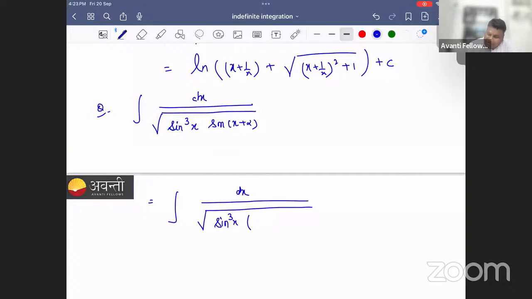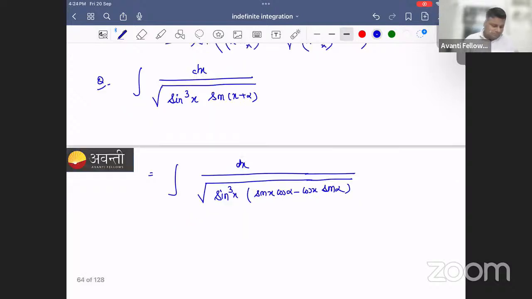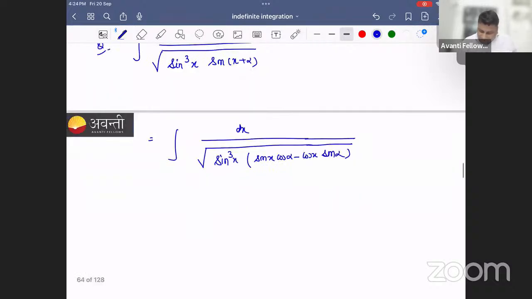That will be sine x cos alpha minus cos x sine alpha. All right. Now, dx upon, take sine x common from this bracket.